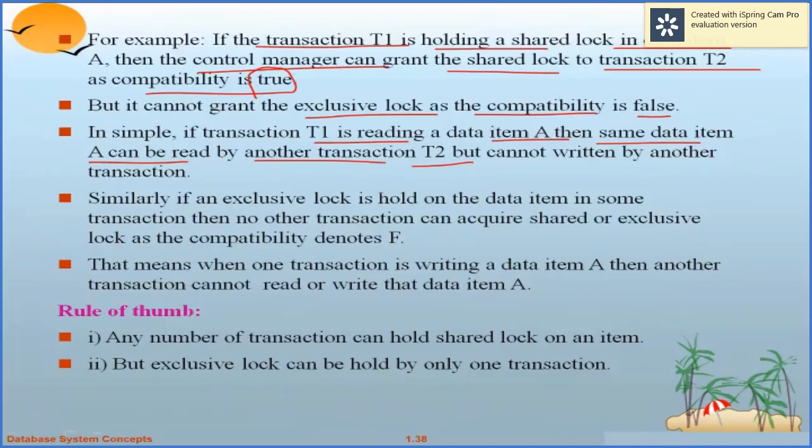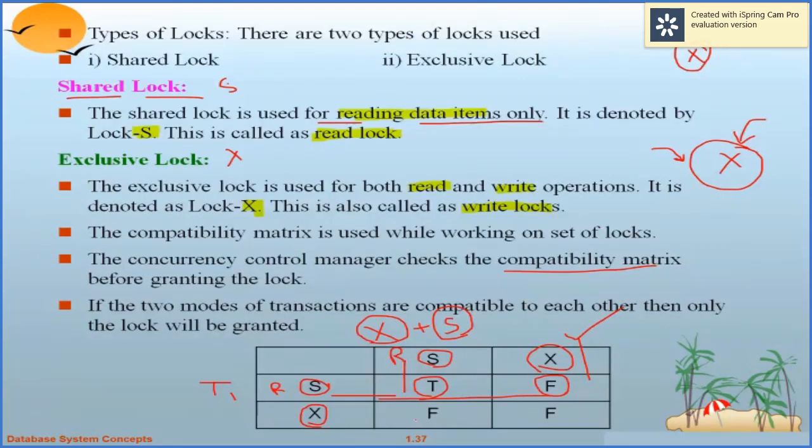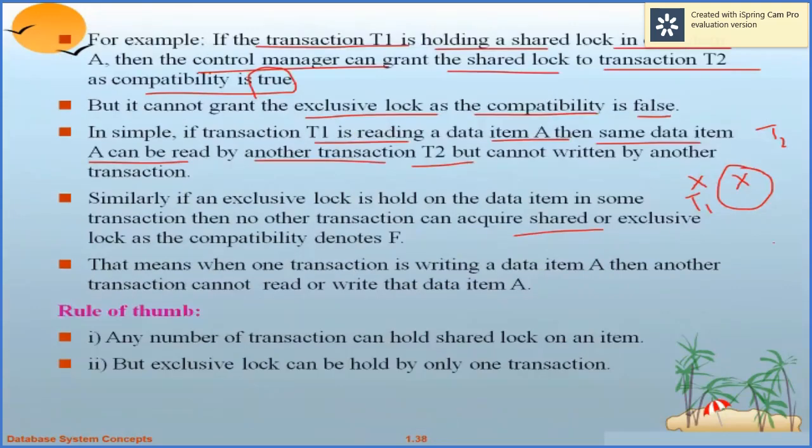Okay, let's proceed. What happens if this data item has already an exclusive lock imposed on it? So you see, when a data item has an exclusive lock imposed on it by transaction T1, and there's one more transaction T2, which can either have a shared lock or an exclusive lock, in that case, it is not going to be compatible.